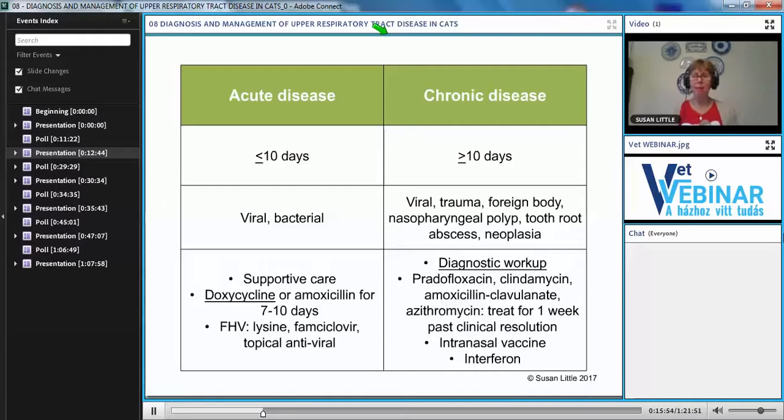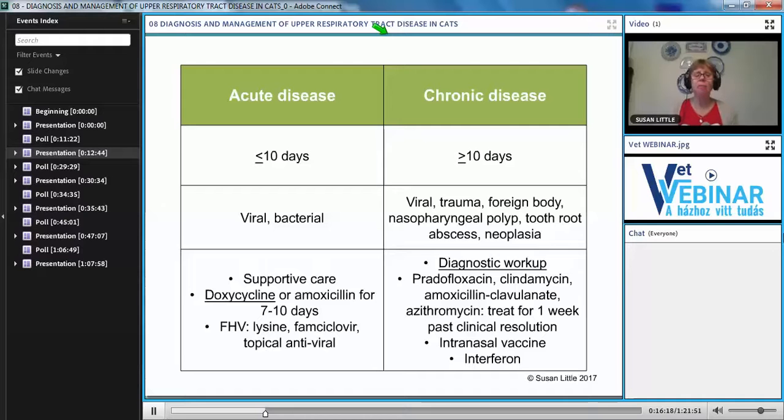So these cats typically have been on a course of initial treatment, and it may be an antibiotic, maybe some other treatment, but they have failed to respond, and so now they're a chronic case. So they do require more in-depth diagnostic workup, and we'll talk in the last section today about what those additional diagnostic workup options would be.